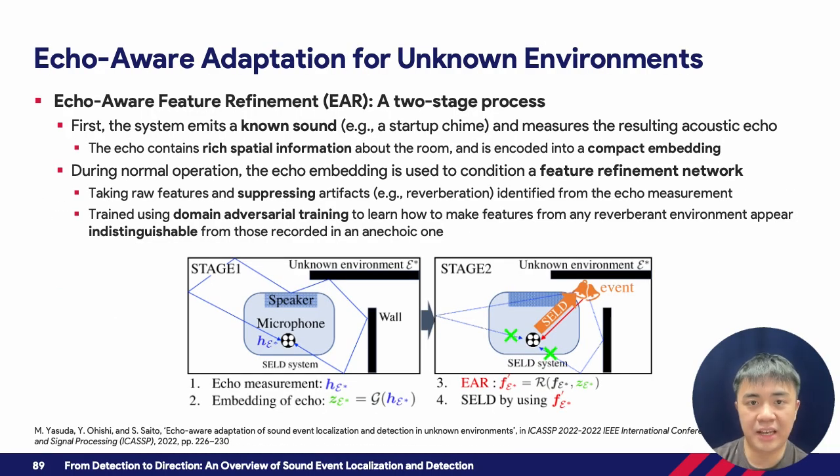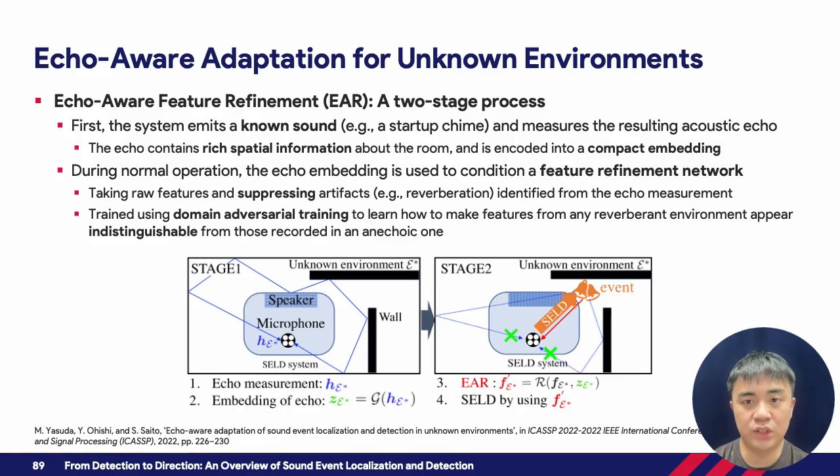An even more dynamic and active approach is echo-aware adaptation. The idea here is for the system to actively probe a new, completely unknown environment without any pre-existing data. So this is a two-stage process. As shown here in stage 1, the system first emits a known sound, like a startup chime, and measures the resulting acoustic echo.